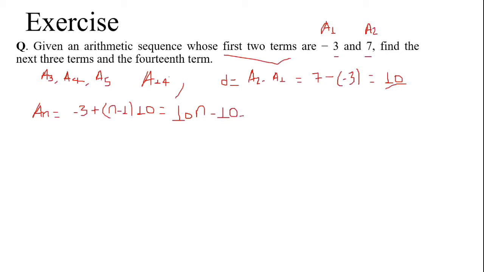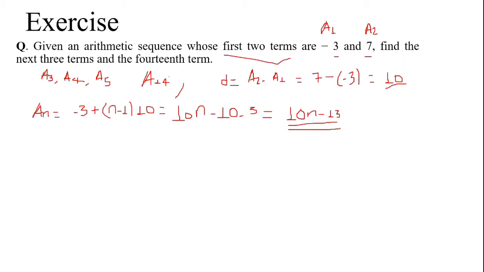This can be further simplified as 10n minus 13. So here is the general formula, or the general n term, for the above arithmetic sequence.